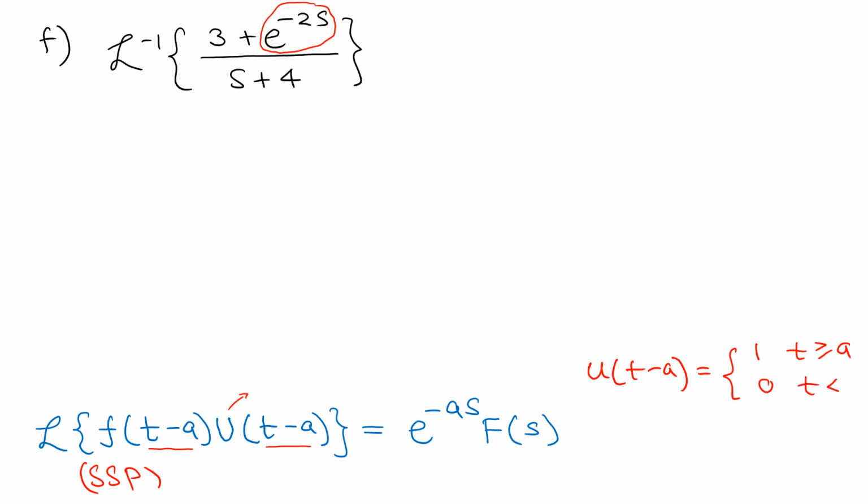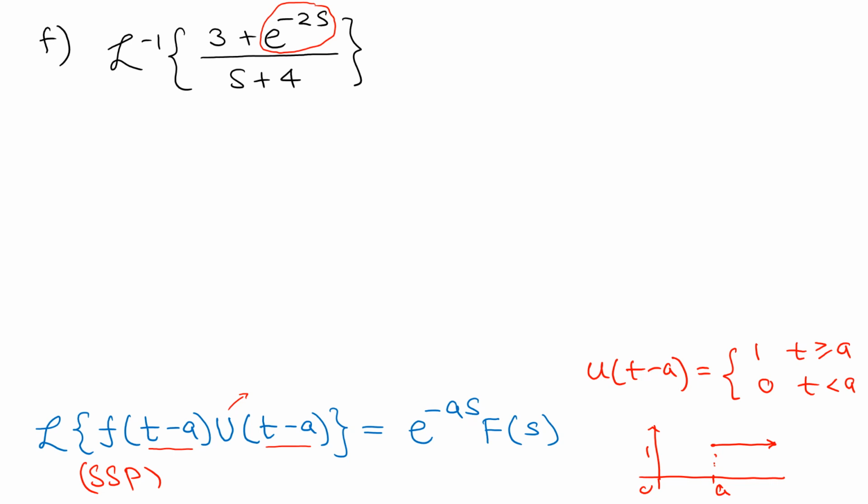If it is 0 for all the other values, then if you look at the graph, it looks like this. At a, it jumps to 1 and it stays at 1. That's why it's a unit step, so we use the letter u for that. At a it is 1, and before that it is 0.